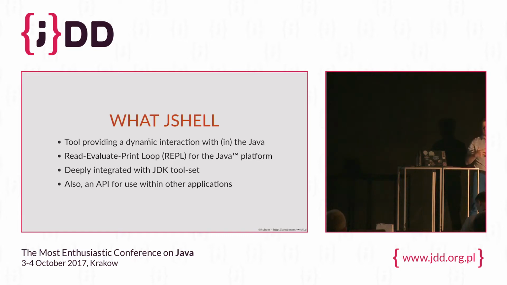This is exactly the same concept as we have in Ruby, Clojure, Scala, PHP, JavaScript, and probably all the other languages around the world. Now it's in Java. Woohoo, that's happy. It's not only the program, it's not only the tool, it's also an API, but we won't be digging into the API that much in the beginning.